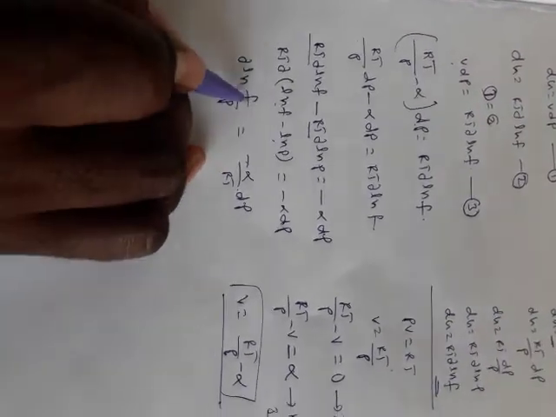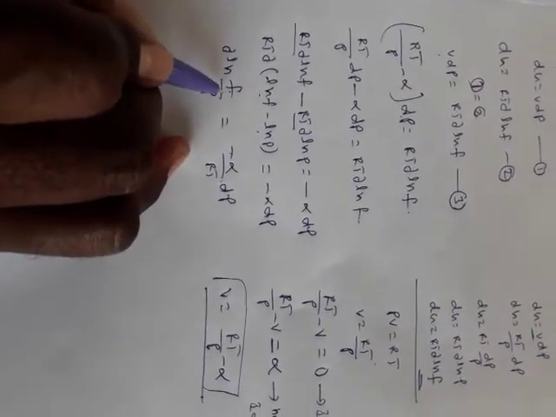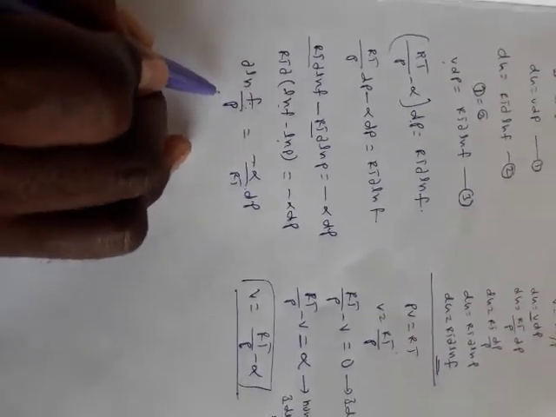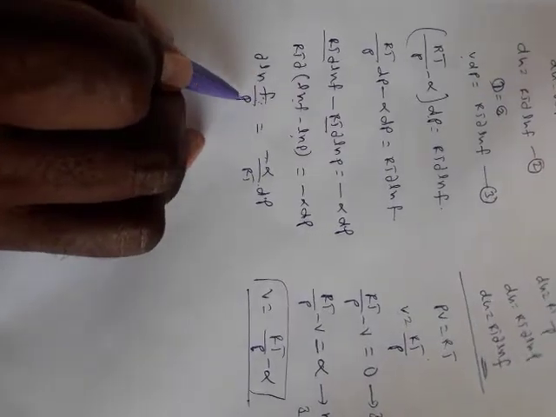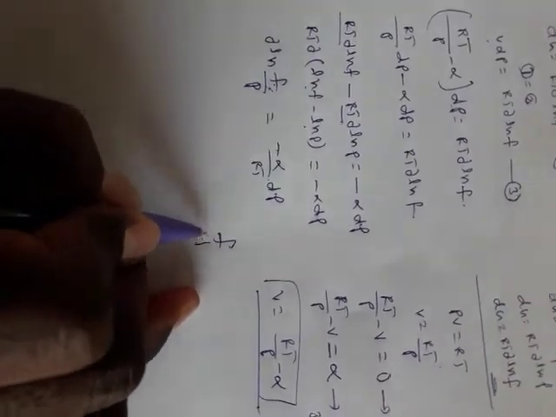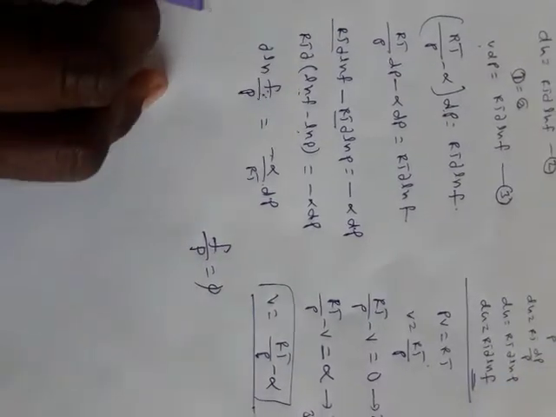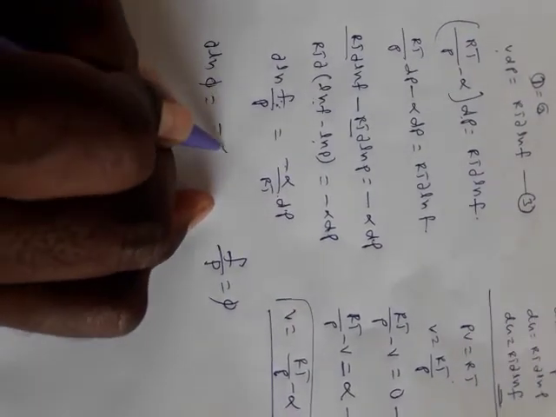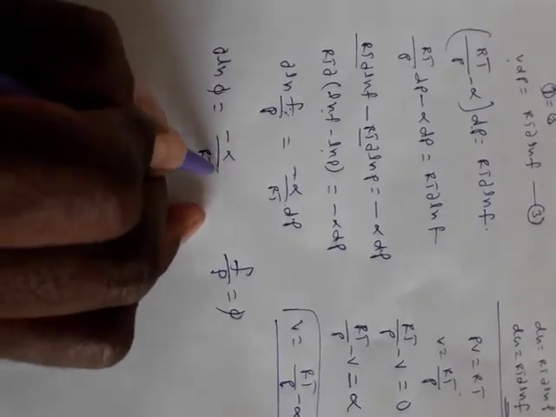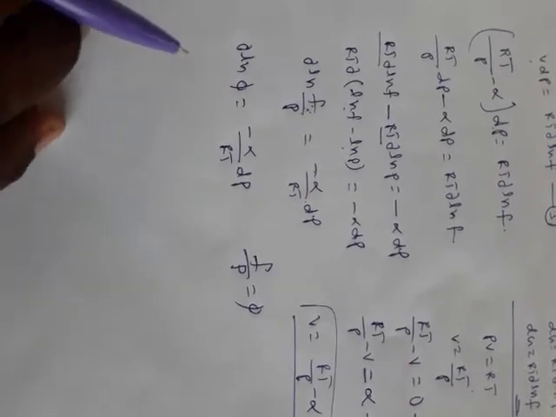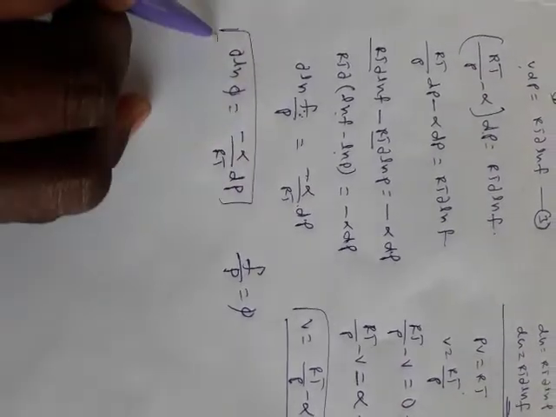From this equation, F by P we can call the fugacity coefficient, which means the ratio of the fugacity and pressure. That's why in place of F by P we can write the fugacity coefficient phi: d ln phi is equal to minus alpha by RT into dP. Okay, this is the equation.